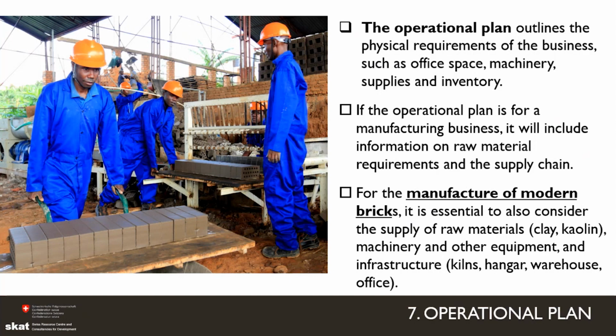It is better to have all these fixtures in a permanent way, so that it can facilitate you to produce your products. For instance, in the case of manufacturing modern brick, you also need to take into account the supply of raw material as well as the distribution of your final products.